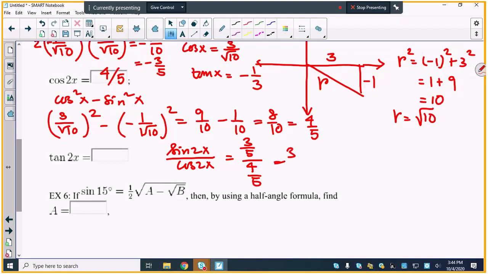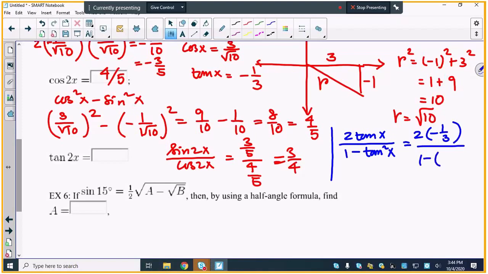If you have any doubt, you can just go ahead and do the double angle formula for tangent, which is 2 tangent x over 1 minus tangent squared x, and I'm pretty sure we'll get the same result. So it's 2 times negative 1/3 over 1 minus negative 1/3 squared, which is negative 2/3 on the top. The bottom is 1 minus 1 over 9.